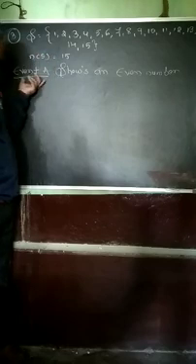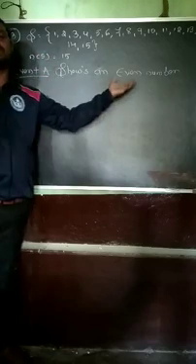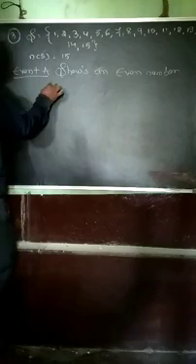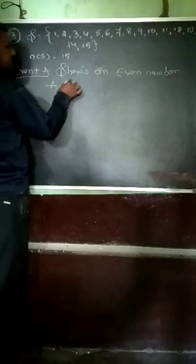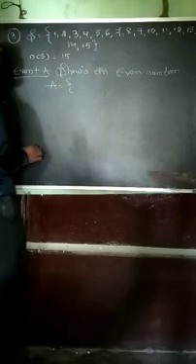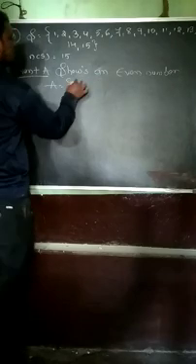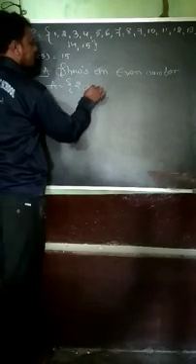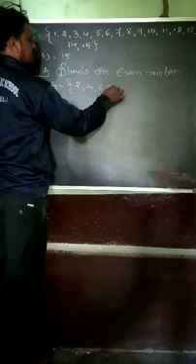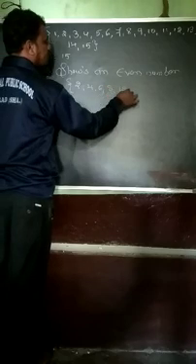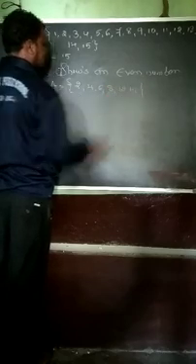So what is event A? It shows an even number. So the sample space of event A is equal to shows an even number. So how many even numbers will there be? 2 4 6 8 10 12 14, right?